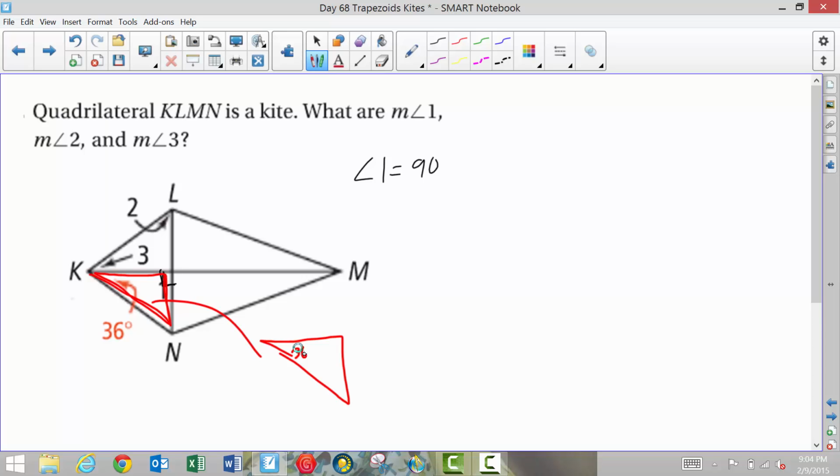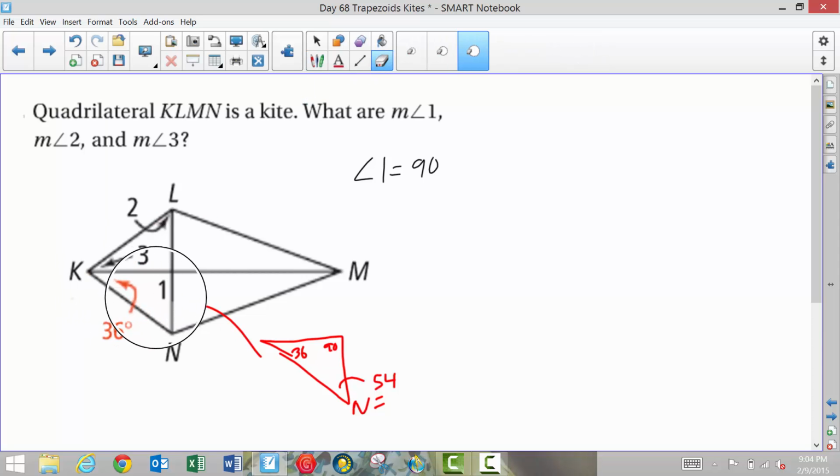So if this is 36 and this is 90, I can get this angle. Because how many degrees in a triangle? 180. So this angle that's not marked, well, it's N. I know that angle N is going to be 90 minus 36, which is 54. So this is 54.